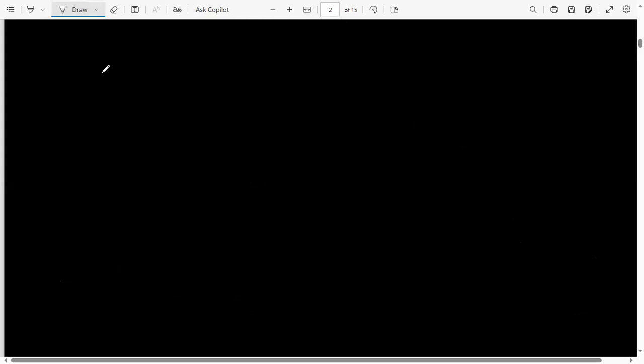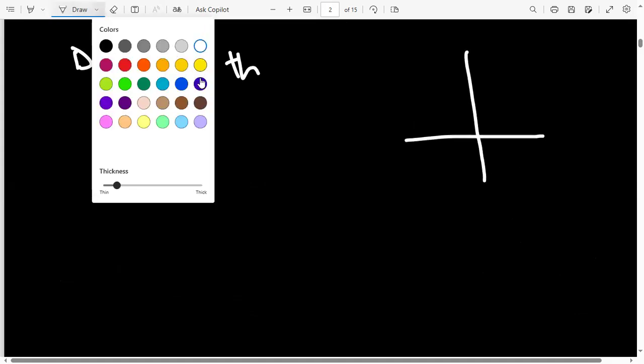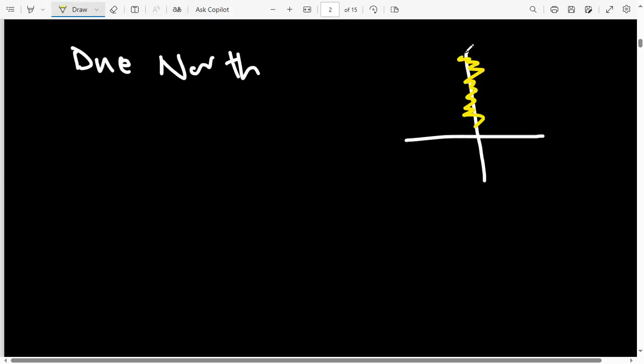If they say due north, they mean that vector is just at 90 degrees. If I have my x or y plane like this, my vector starting from the origin is going at 90 degrees. This one I'm drawing in yellow is at 90 degrees. That would be due north. So due north means 90 degrees.